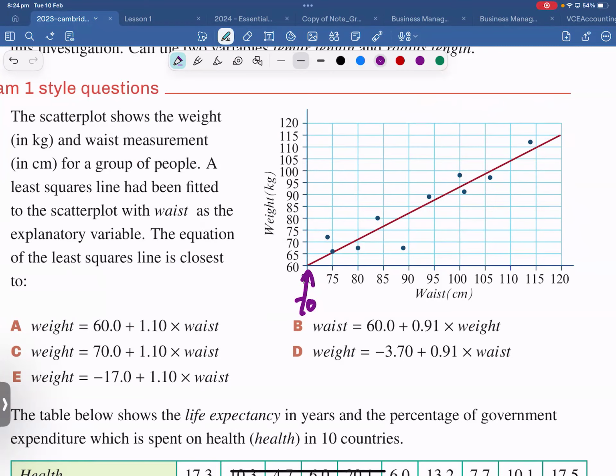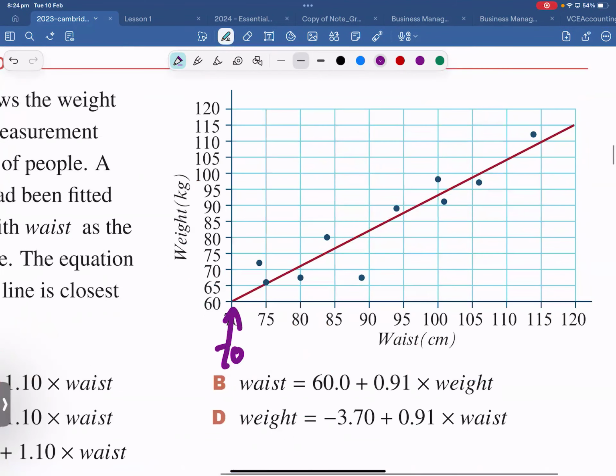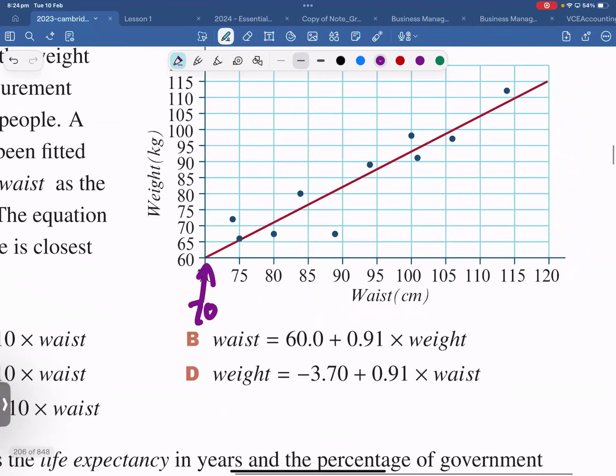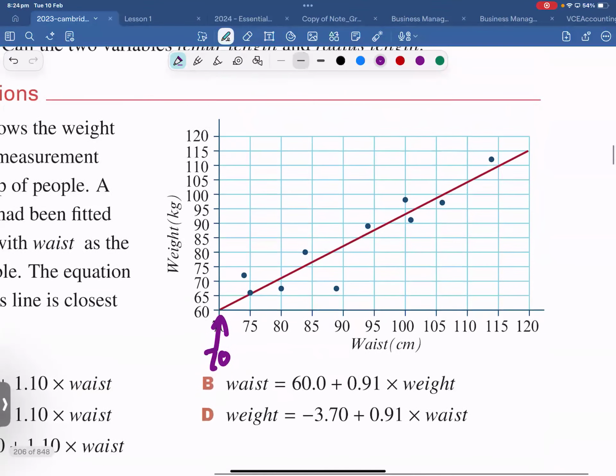Firstly, guys, you know what you have to do? You have to find the slope. How do you find the slope? Yes, you can make use of your year 10 or year 9 maths knowledge, right? Rise over run.